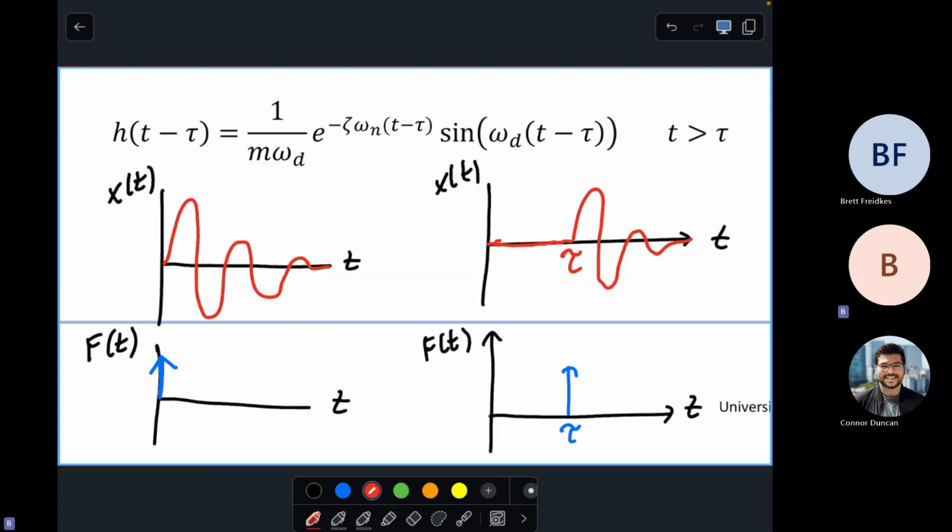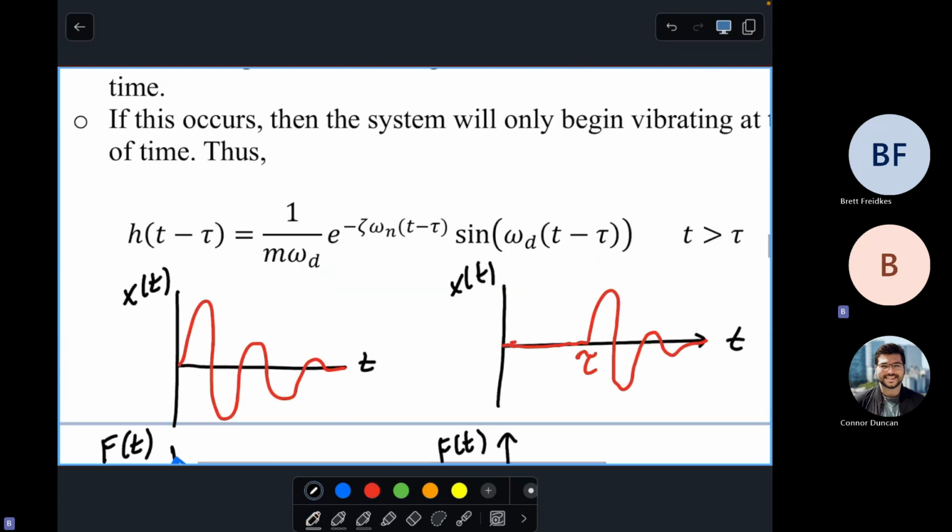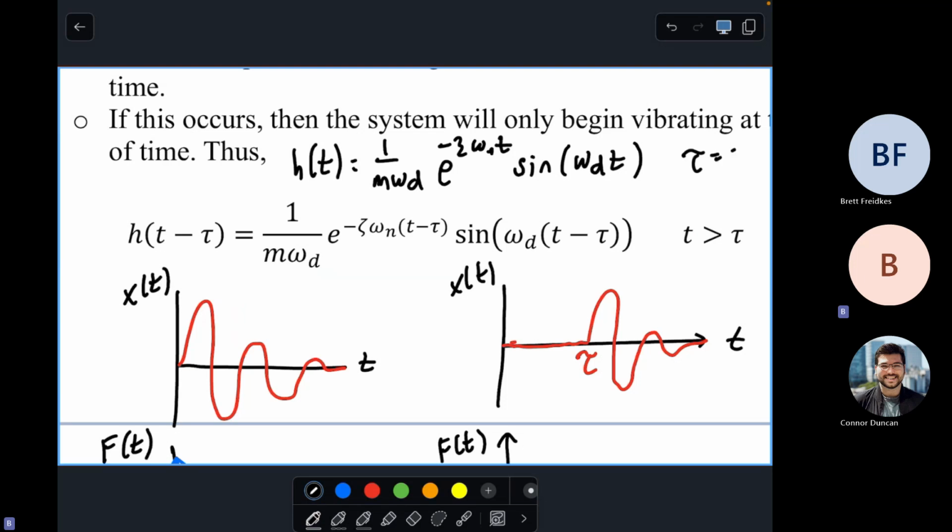So, if we compare this to the undelayed one, so this is when tau is equal to 0, meaning it's the left picture here. I just struck it. When does this exponent equal 0?